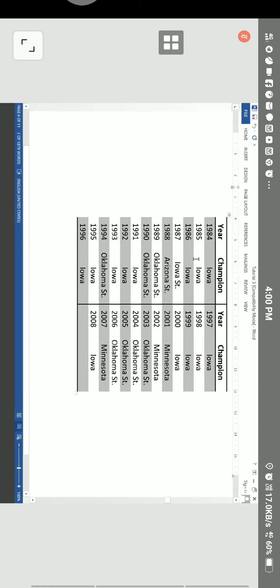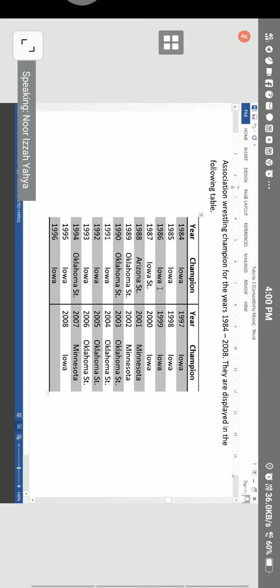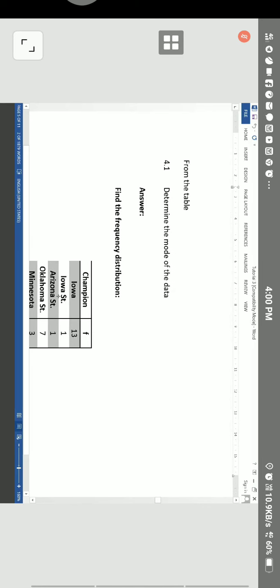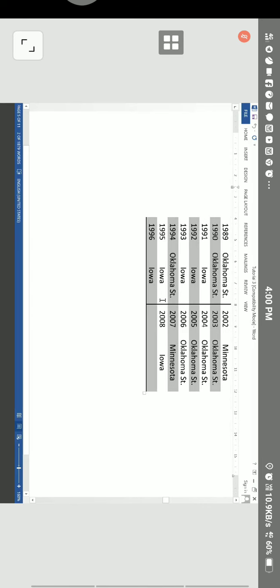In the first column of the table, you list all the champions. The champion you have: Iowa.